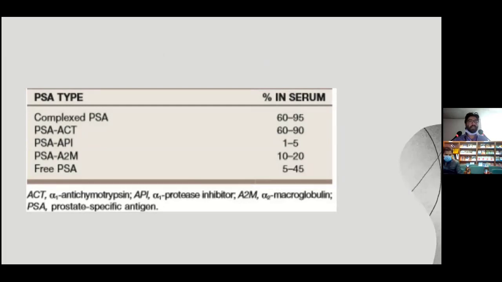The PSA attached to anti-chymotrypsin is 60 to 90%. The PSA attached to alpha-1 protease inhibitors is 1 to 5%. The alpha-2 macroglobulin complex is about 10 to 20%, and free PSA is about 5 to 45%. So we just read that the free PSA cutoff to diagnose CA prostate is 25%.